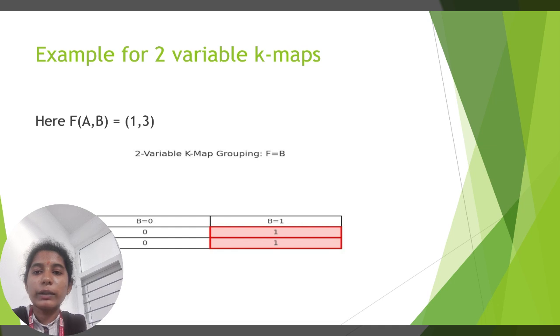Example for two variable K-maps. Here f of a, b is equal to summation 1, 3. We place 1 at the first position, where b is 1 and a is 0, and place 1 at the third position, where b is 1 and a is 1. The highest possibility is a pair. Here a equal to 1 and a equal to 0 has no common term.